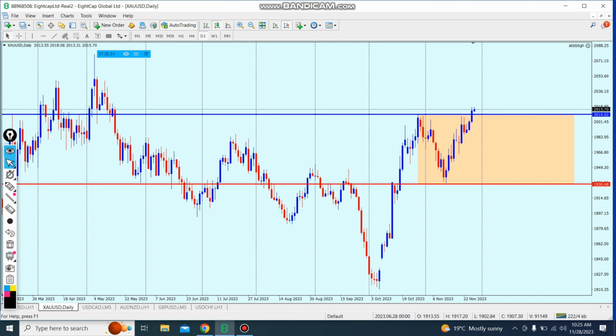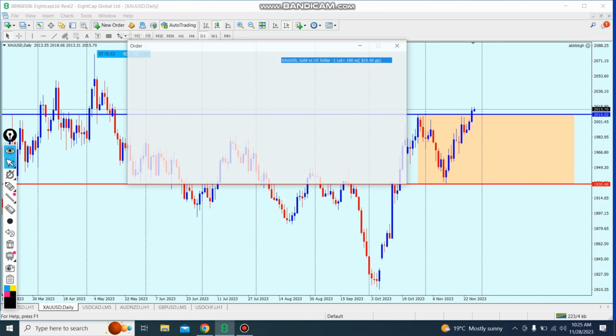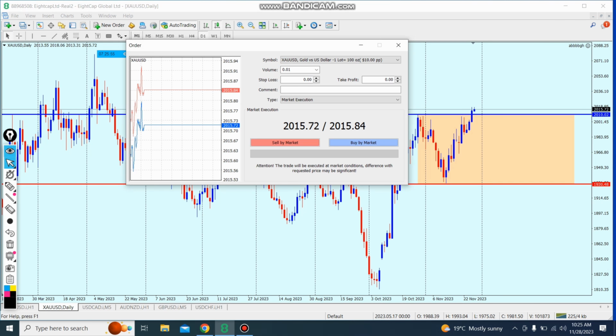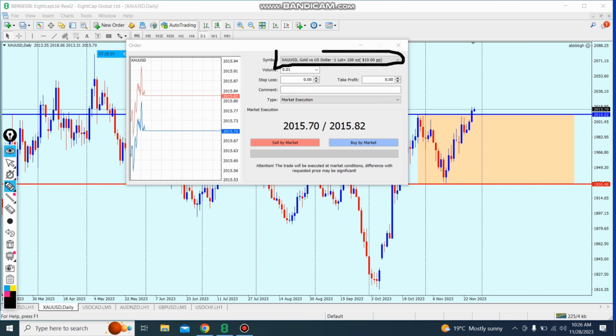Okay, so let's click on new order and here is your order form. This is the symbol, that means which currency pair you are going to open your trade in, and here is the volume, that means position size, and this is your stop loss order.